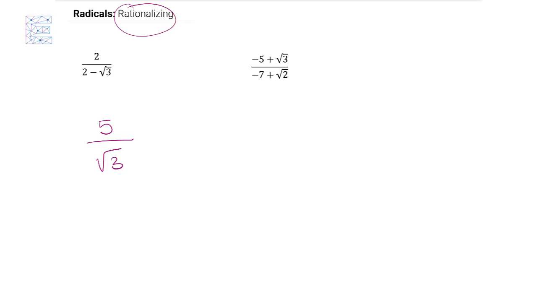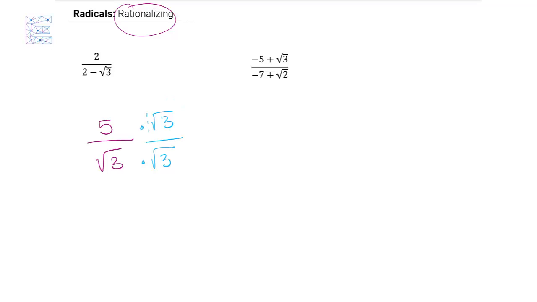It sounds fancy, but all rationalizing is simply multiplying by whatever the denominator is, whatever the root is. In our case, it's root 3, so we have to multiply the denominator by root 3. If you do it on the denominator, you have to do that same exact thing on the numerator. Now, in front of this root 3, there's an invisible 1.